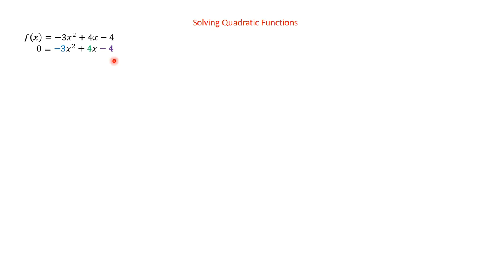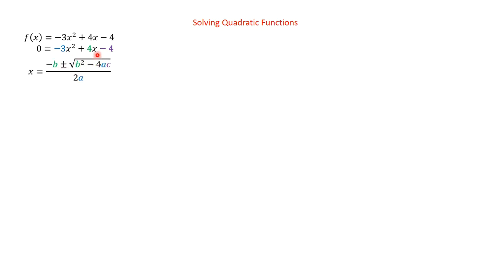It'll help keep those negatives where they go, and it's easier to plug stuff in if you have it written right there. After a few times, you should probably be able to stop doing that and just look at it from the equation. However, if you're doing things like missing this negative, it's not a bad idea to say c equals negative 4. Now we can plug this into the quadratic formula.